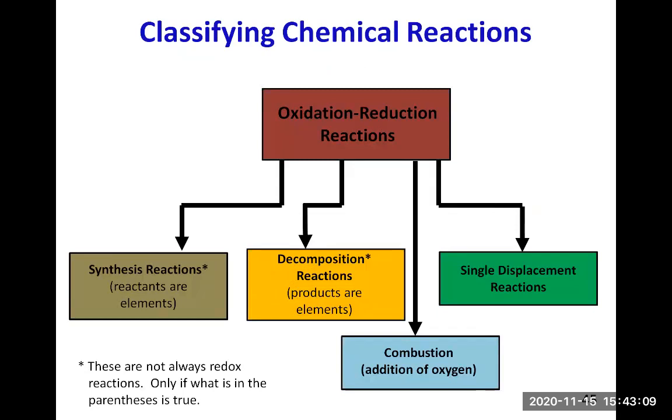So for example, oxidation reduction reactions can take all forms. Here you see that they can be synthesis reactions if the reactants are elements. So synthesis reactions are not always redox reactions. They are only a redox reaction if what is said in the parentheses is true.